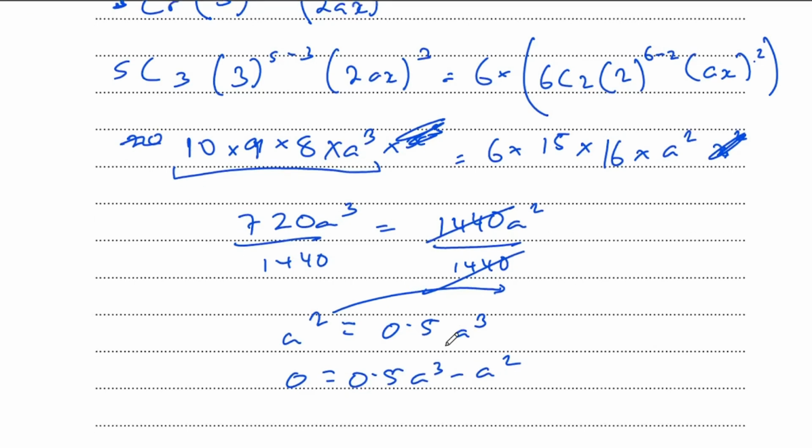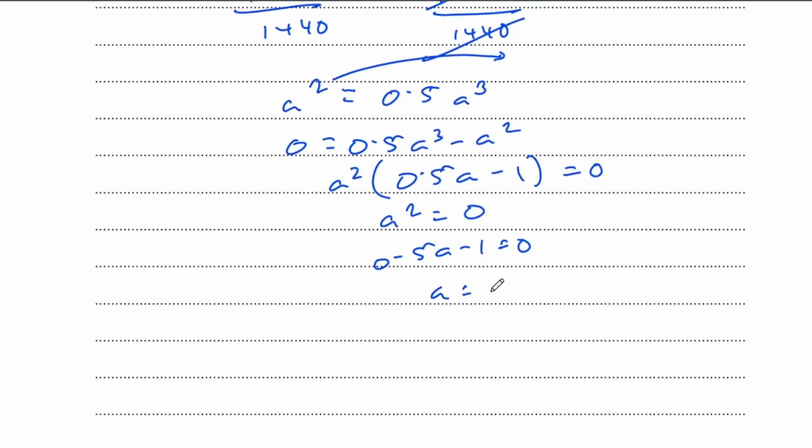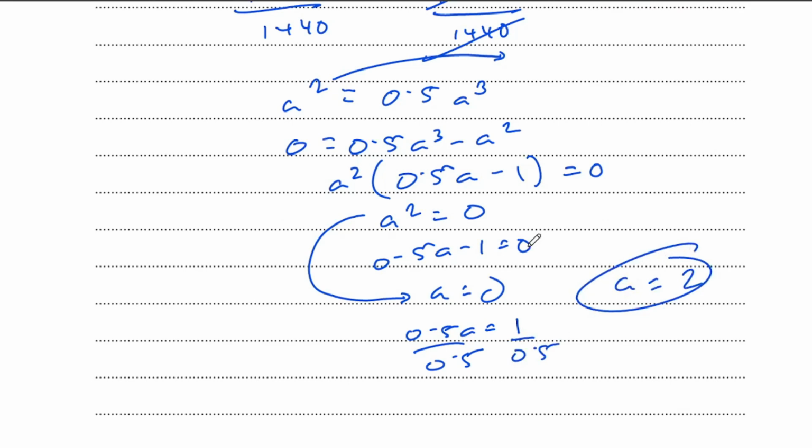We can factorize our a squared: a squared times (0.5a minus 1) equals 0, and so a squared equals 0 and 0.5a minus 1 equals 0, which just tells us that a equals 0 from this, and from this one 0.5a equals 1, over 0.5 over 0.5, a would be 2, and that's the answer for our first part.